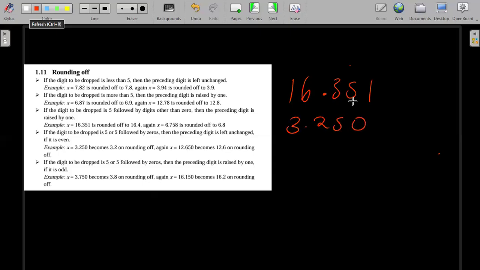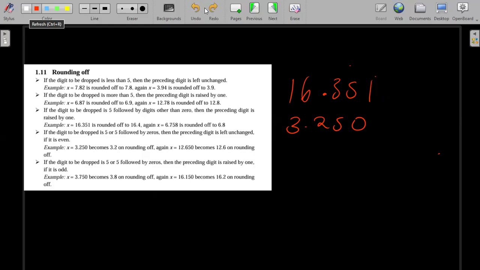So now again, what you have to consider as well: if you're having a 5 here, then you look at the number after the 5. If the number after the 5 is any number apart from 0, you can add a 1 to this 3, and it becomes 16.4.